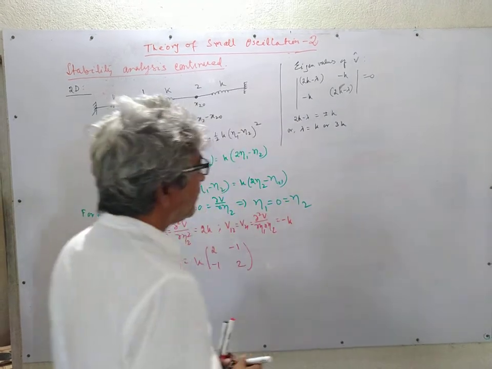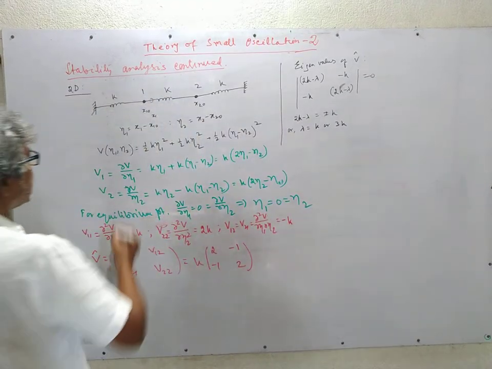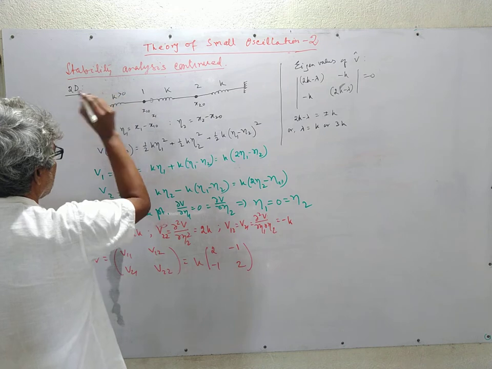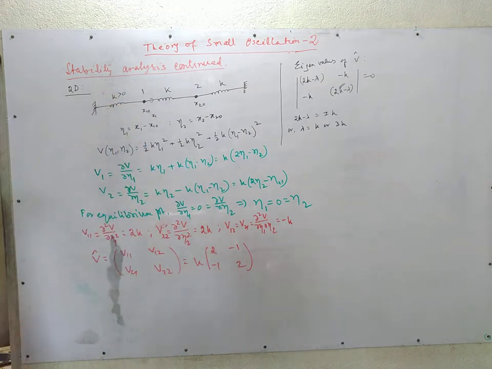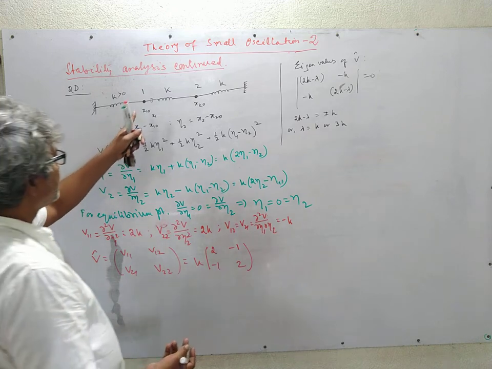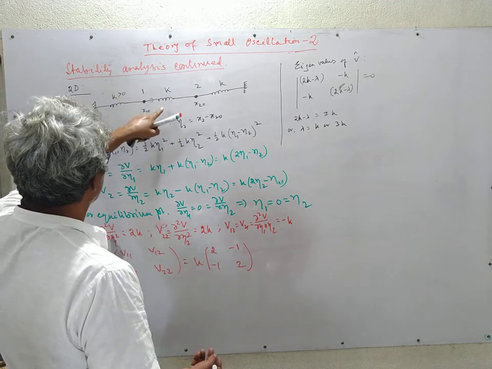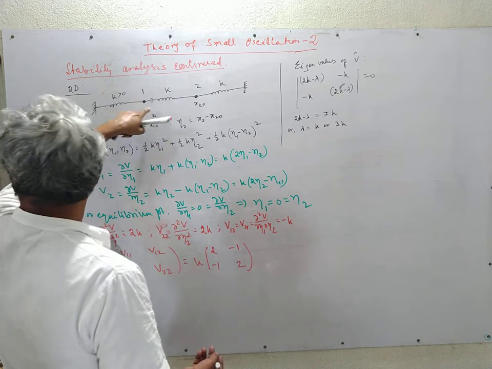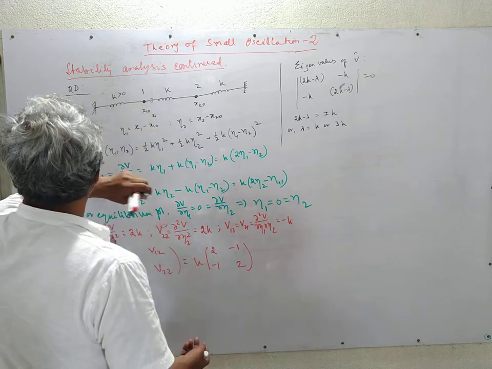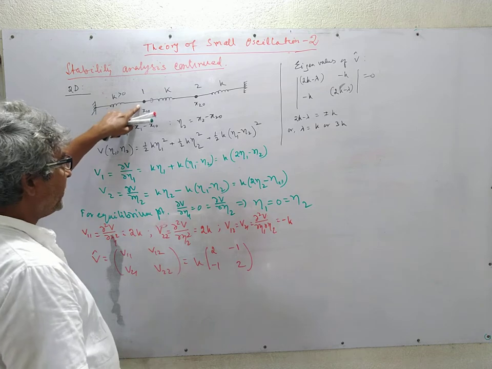Since we are dealing with the spring constant K, this constant is positive. That is, whenever the particle moves towards the right of the equilibrium point, each of the springs tries to send the particle back to the equilibrium position.